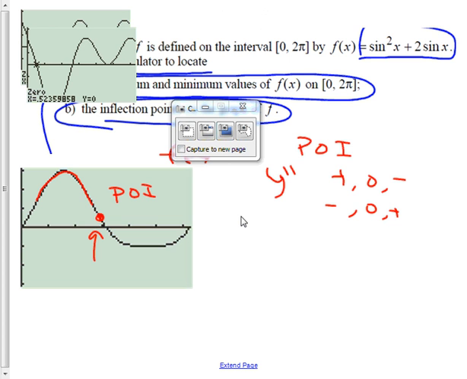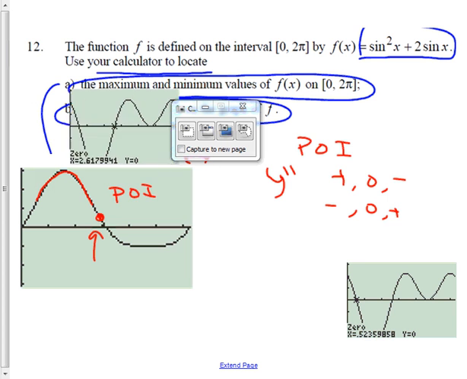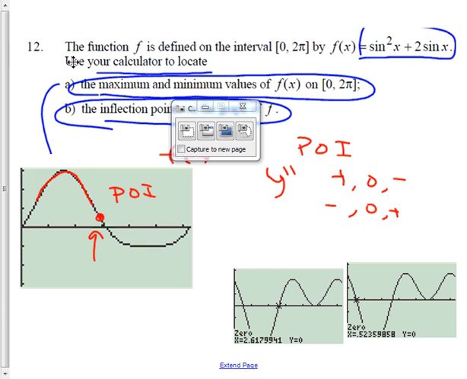So what do we have here? These are my second derivatives, and these are graphs of my second derivatives. So I found my first point of inflection at x equals 2.61, where I'm going from negative to positive, and that's going on right here.